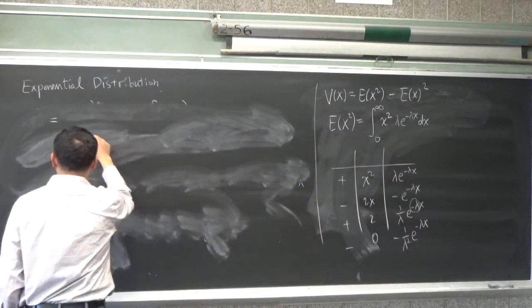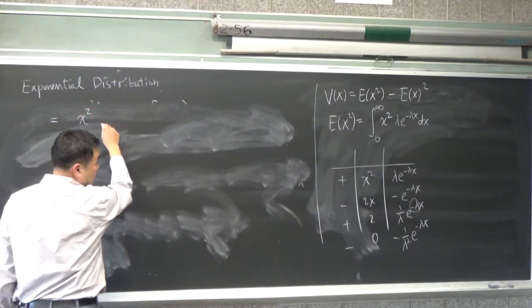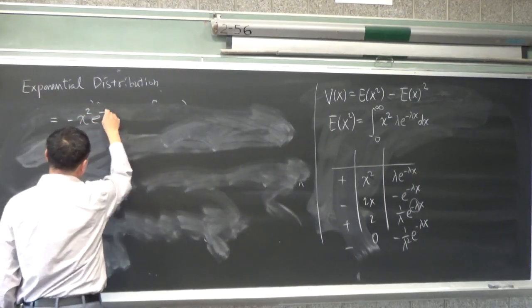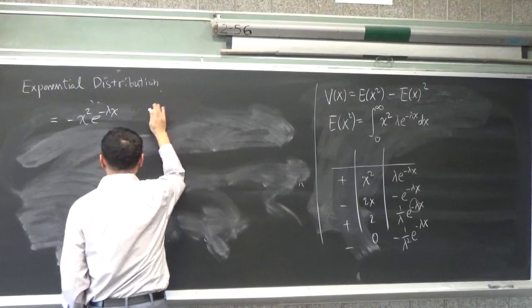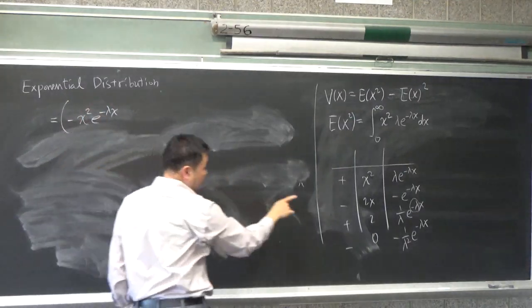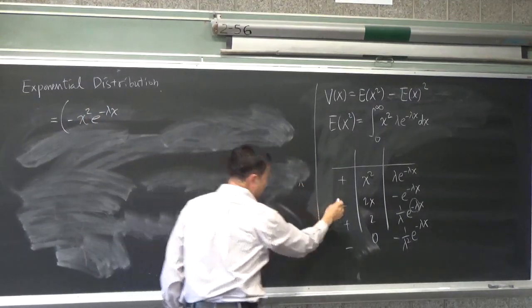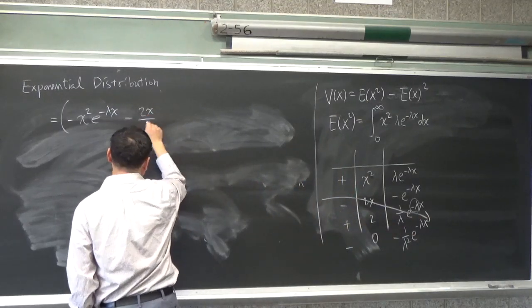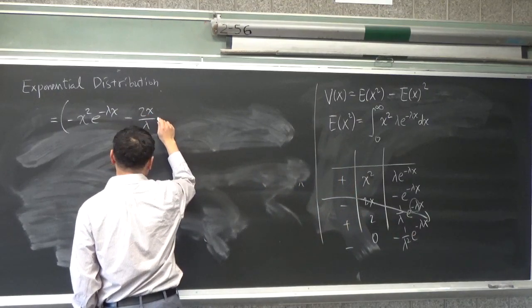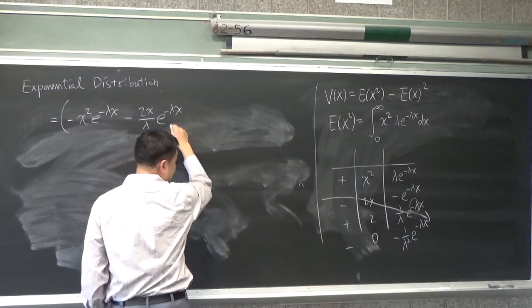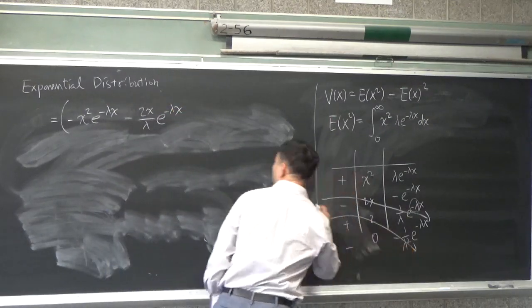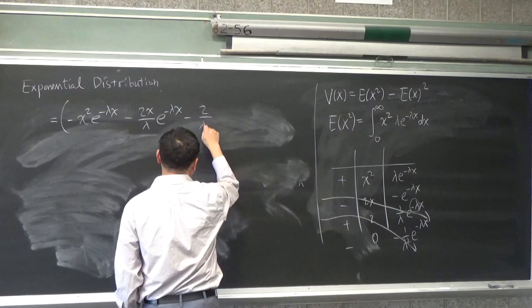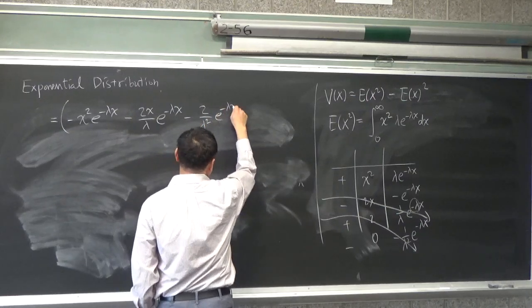So that's going to give you the integral, which is x squared negative e to the negative lambda x. And then, what's the next one? Minus 2x over lambda e to the negative lambda x. And plus this one, minus 2 over lambda squared e to the negative lambda x.